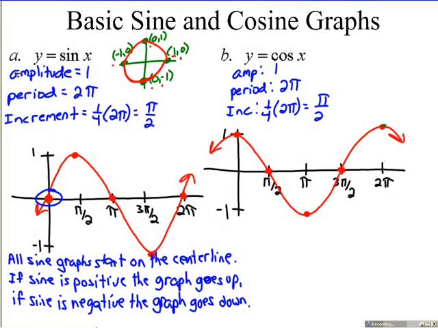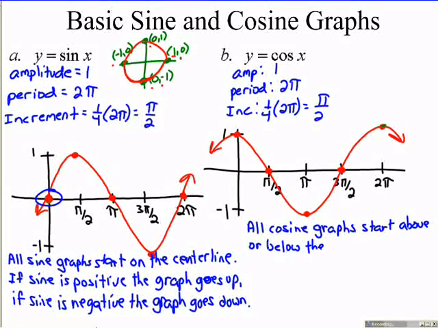Now we can make some general rules for our cosine graphs just like we had for our sine graphs. All cosine graphs start above or below the center line. How do we know whether it starts above or below? Well, whether it's positive or negative.